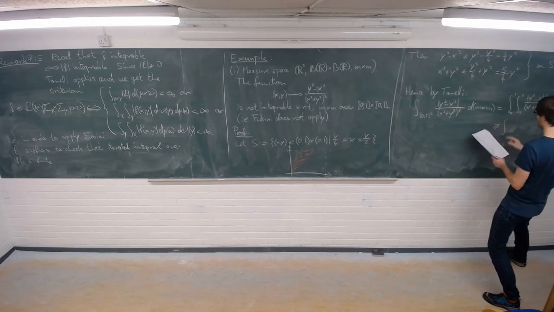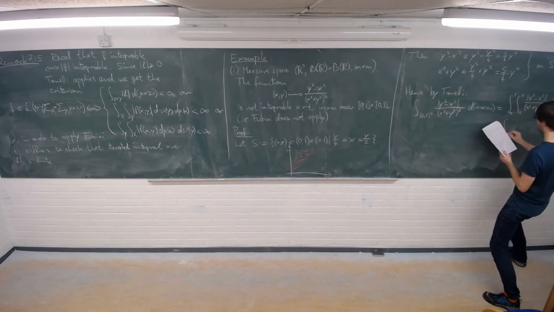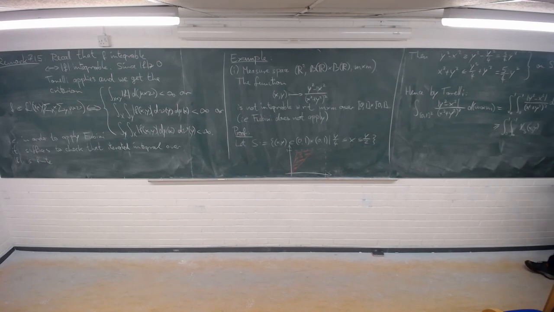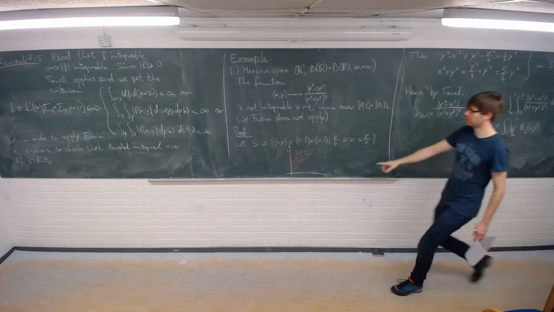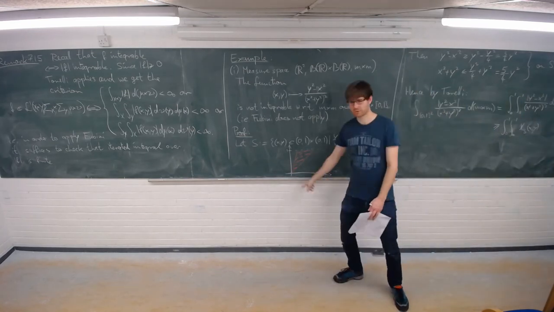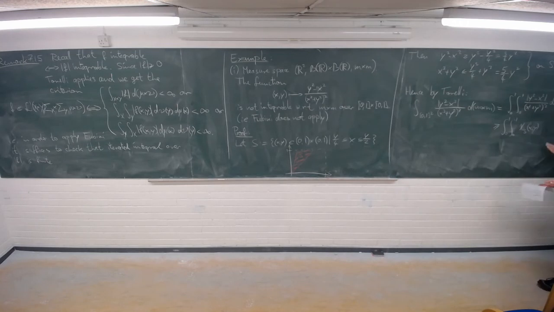So this is larger or equal than integral 0 to 1, integral 0 to 1, the characteristic function of S. Right, okay, so we're doing two things here. The first thing is this integral over the whole square is certainly larger than the integral just over S, right? Because the function is non-negative.